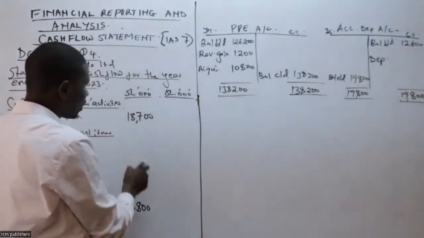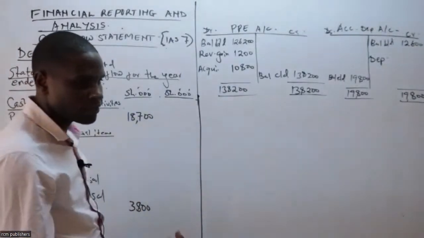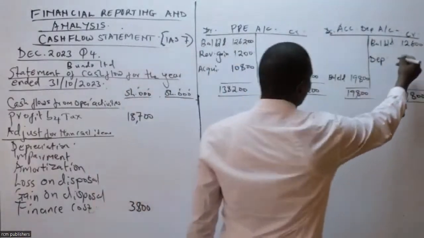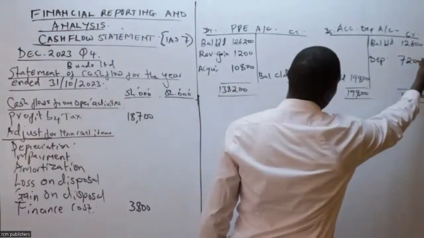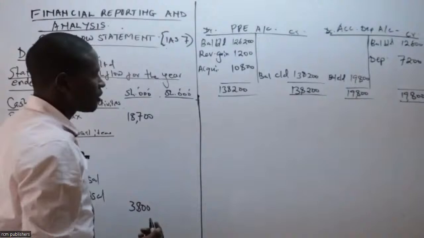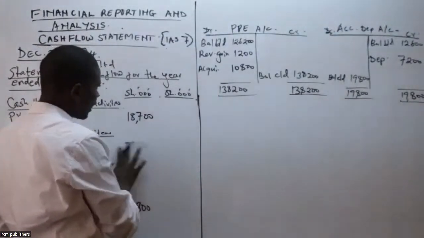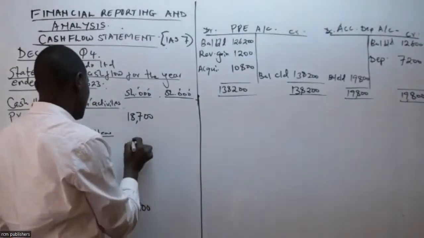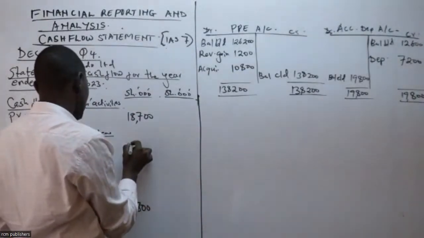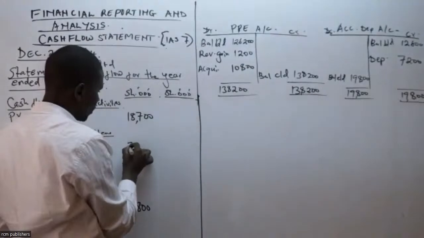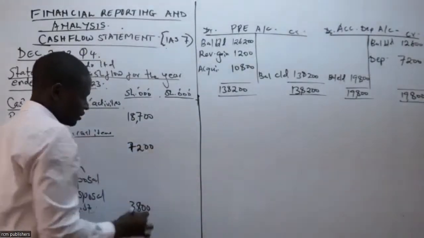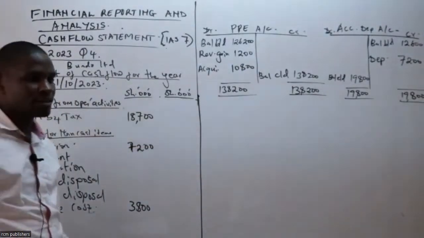Depreciation is always subtracted in our income statement. When it comes to cash flow, we are adjusting it back. So we are going to add it back. It was subtracted from here, therefore we have to add it. 7,200, and we're done with that.